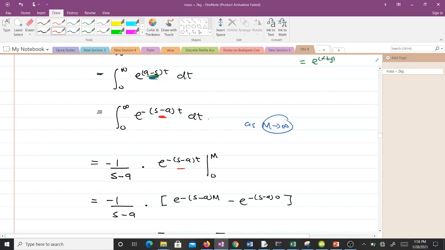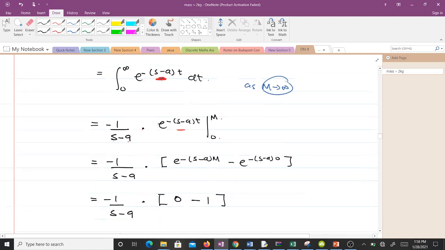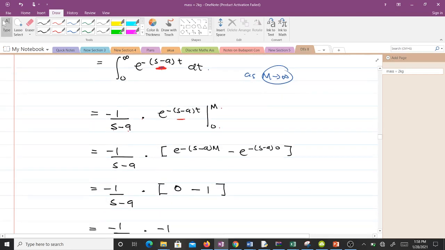When you differentiate what is here, you're going to get s minus a, negative of it, all right? Then times e^(-(s-a)t). So we just maintain what was here. And the limit of integration is from 0 to m. Now we have to put in our limits.